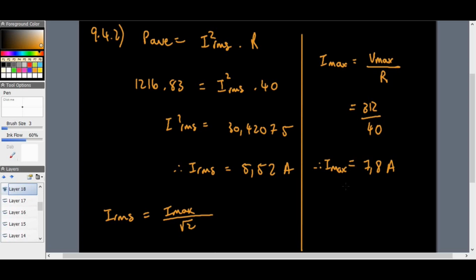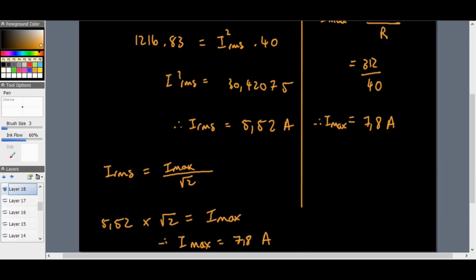So we can still apply Ohm's law here, because remember we are working in relation to electricity. The only difference is that we need to recognize that if we want maximum current, we need to use maximum voltage. There's no maximum resistance, so that doesn't matter. If we want RMS, we need to work with RMS. With the power formula, I got the RMS current first, and then applied it into Irms equals Imax divided by square root 2.